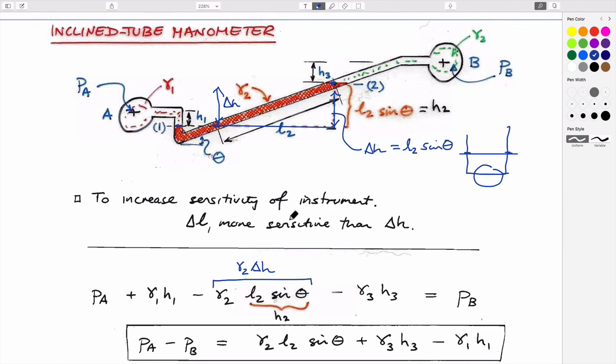So instead of trying to measure a small amount here, we measure a longer length here along the tube. And if we know what the inclination of the tube is, we come up with the same calculation. That's it.